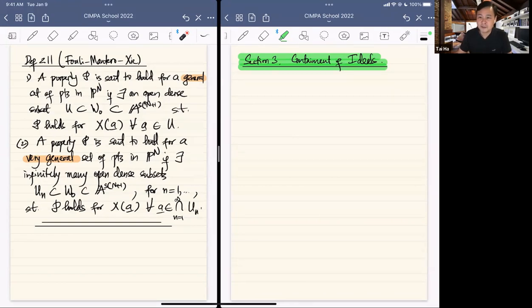If your Hilbert function is less than or equal to some number, and it attains that number, then it's maximal. So for me, I consider that a commutative algebra condition.